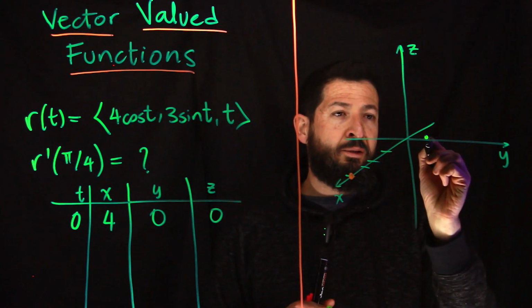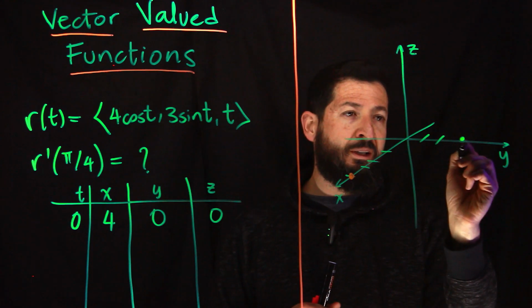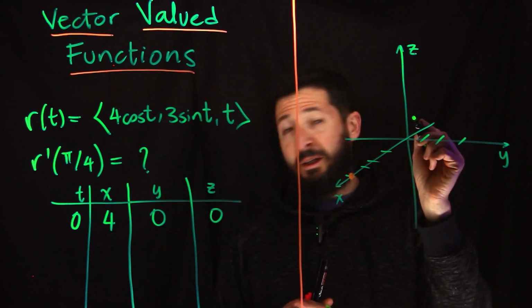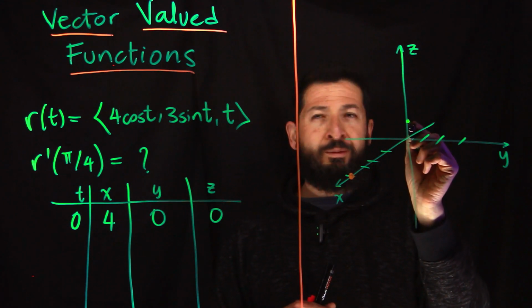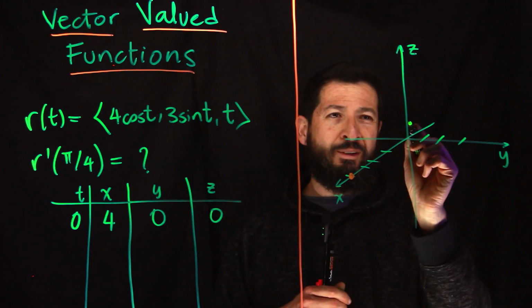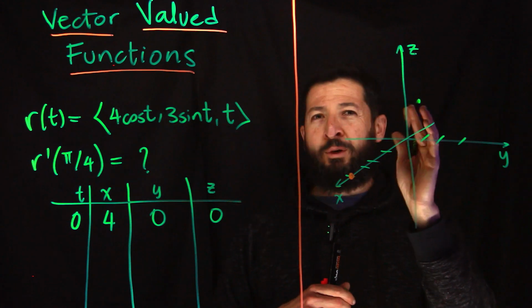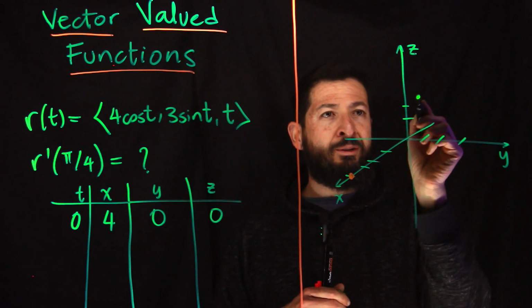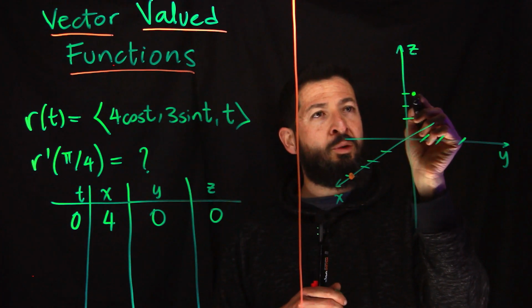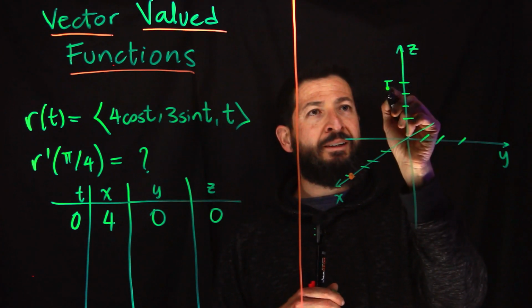So I'm going to need to go all the way to 3 for this one. I know that. And for z, I'm going to go all the way to 2 pi. So it's probably better to do it in multiples of pi over 2. Pi over 4 is close to 1, let's say. So pi over 4, let's say there. Pi over 2. 3 pi over 4. Pi, let's say here.